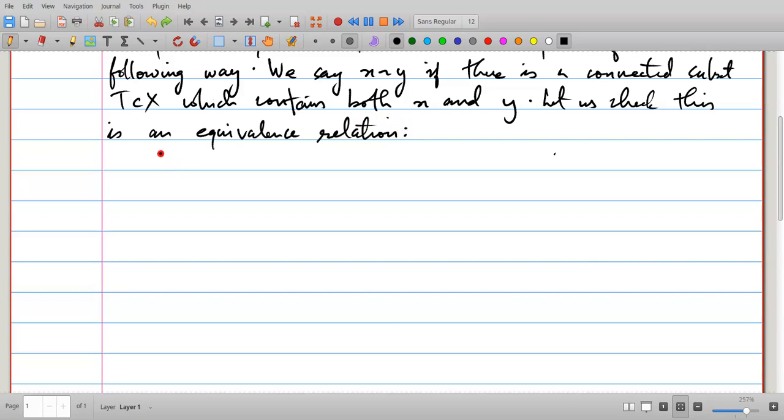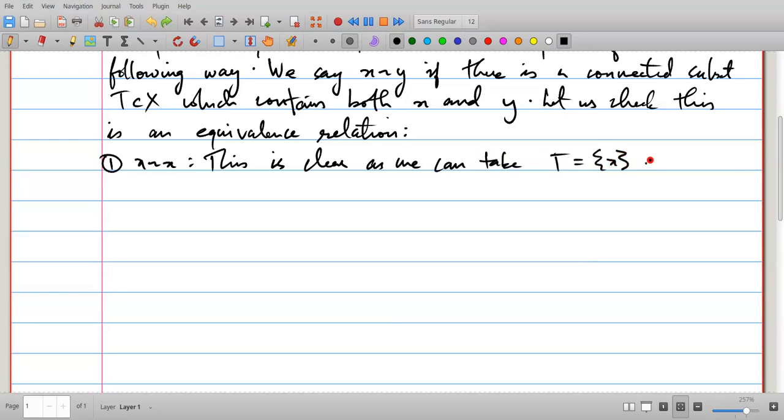So we have to check three things. First is x is equivalent to x. So this is clear as we can take T to be the set {x}. A singleton set is obviously connected.